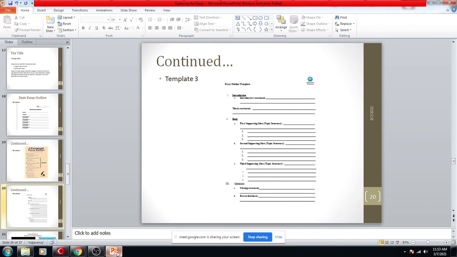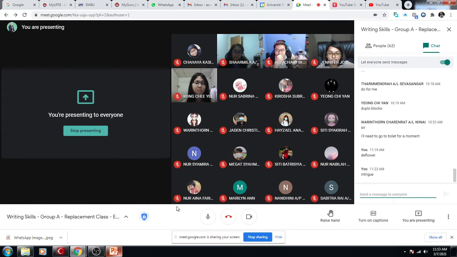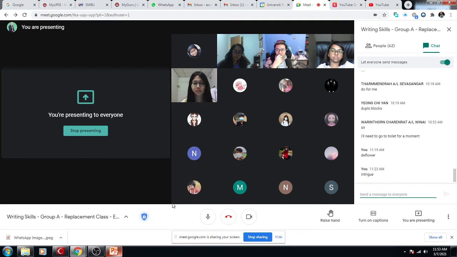So these are templates. The one you like, you can use. So the outline is a rough plan of the main points, the hook, the thesis, the topic sentence of each paragraph, and maybe the restatement sentence for the concluding paragraph. Having got this outline, you begin drafting.